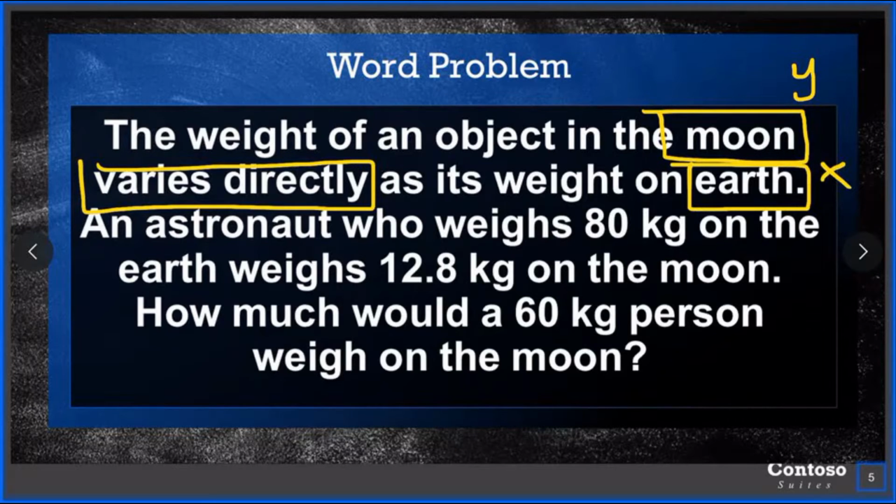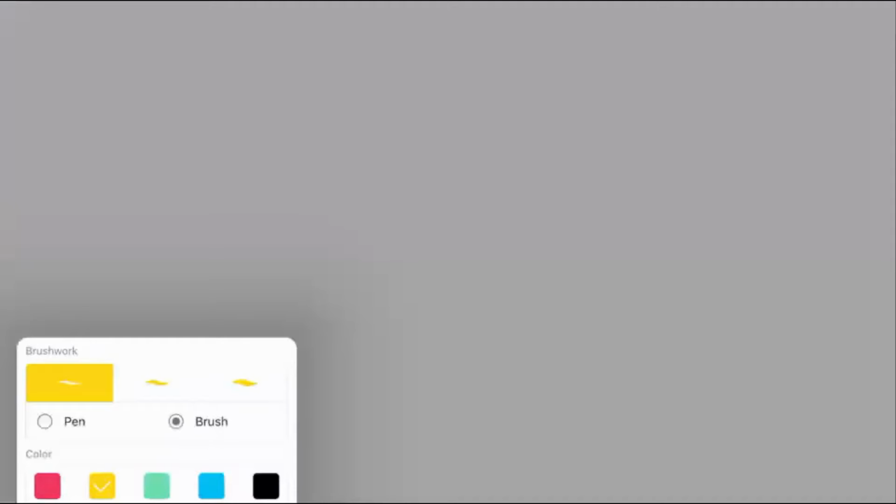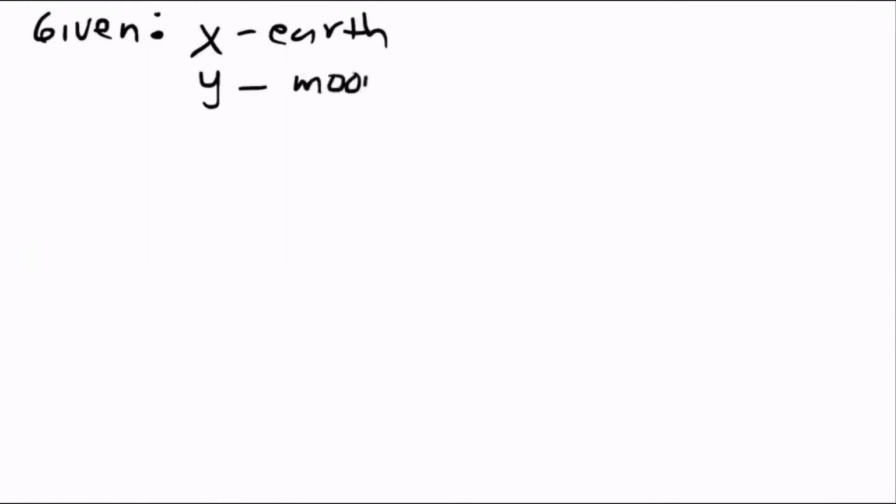So let us emphasize that concept in our word problem by writing it as a given. According to our given, we have x and y. Our x is the weight on the earth, and our y is the weight on the moon. Let us write it down so we won't be confused.